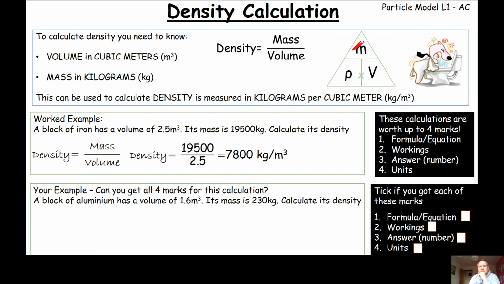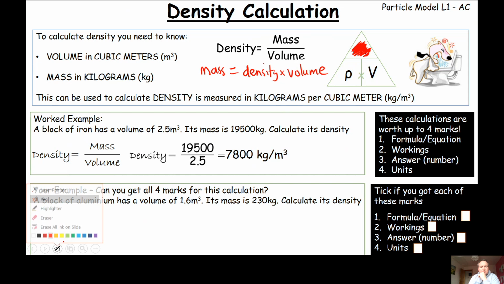Well, I cover up the mass with my thumb and look at the sum it's left behind. Mass is density times volume. They are beside each other on the triangle. So I would multiply the density number by the volume.